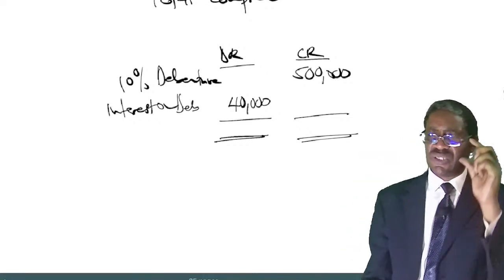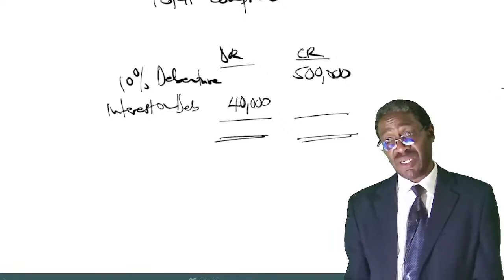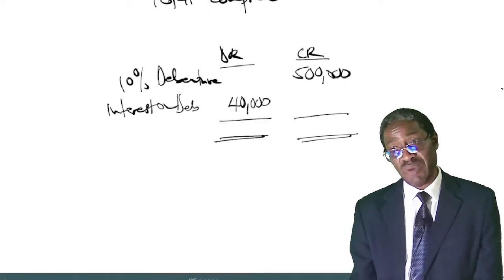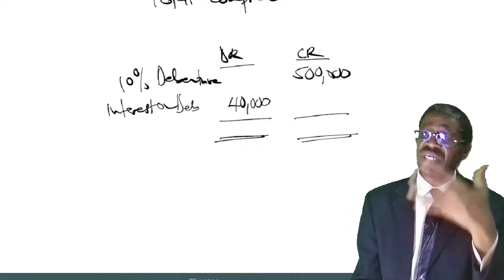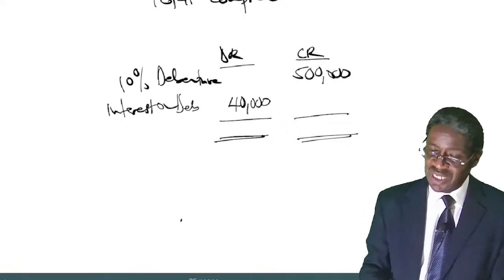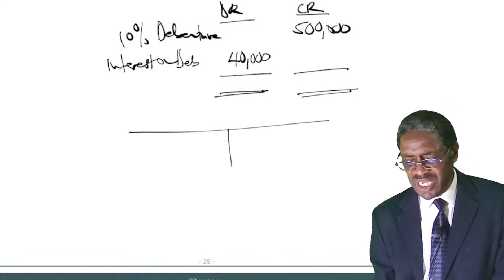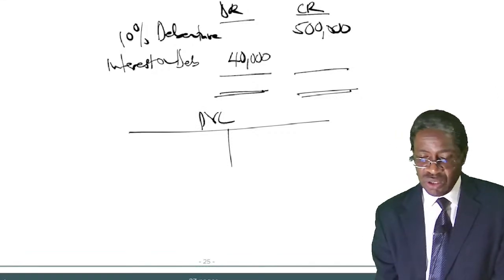Now tell me this. When the examiner gave you such a trial balance and required you to prepare the profit and loss or the income statement for the company and the balance sheet, how much were you taking to the profit and loss as the amount of the interest?